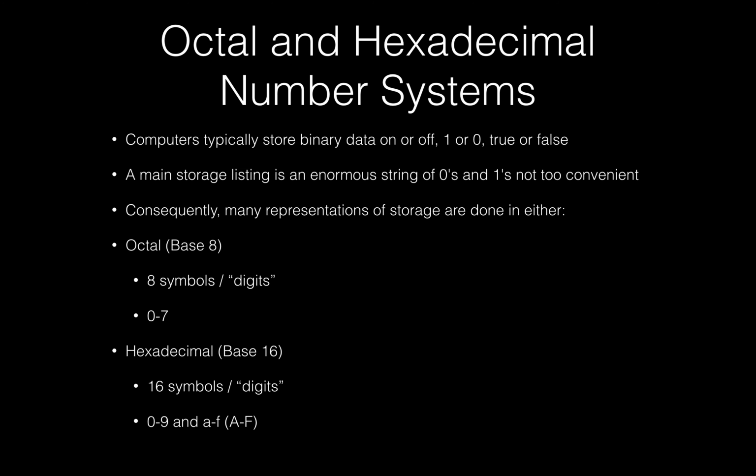Octal and hexadecimal number systems. Octal and hexadecimal are basically an optimized way to look at binary numbers. So instead of looking at a long sequence of 1s and 0s, you can use octal and hexadecimal.